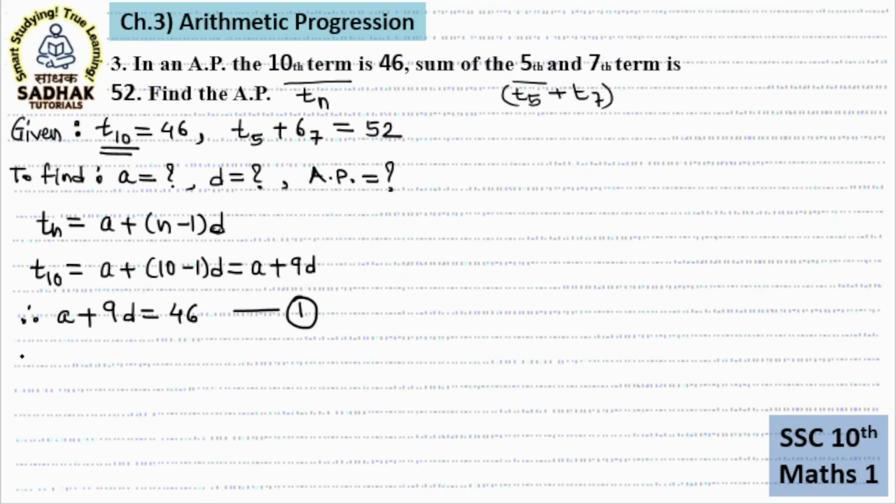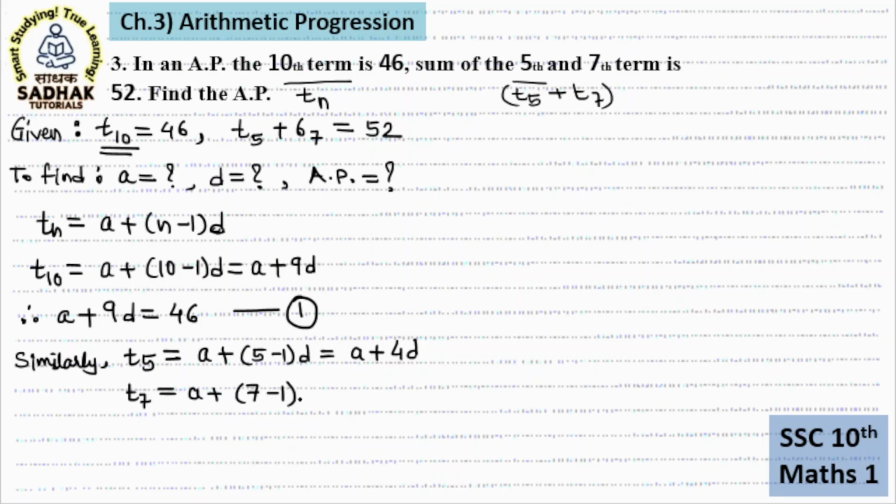Now similarly we can write T5. T5 will be A plus 5 minus 1 d, so that will be A plus 4d. And T7 will be A plus 7 minus 1 d, so that will be A plus 6d.